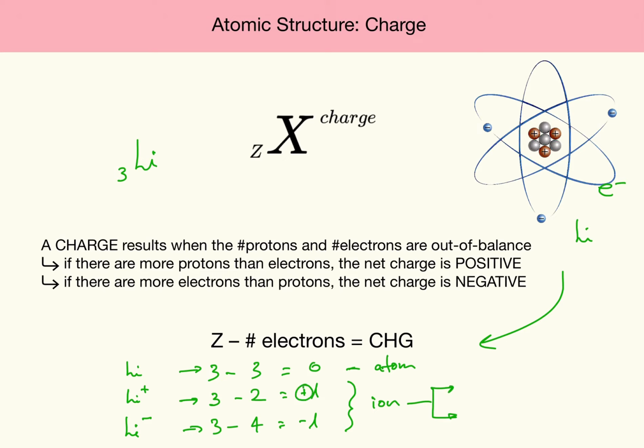A positively charged ion is called a cation, and a negatively charged ion is called an anion. So what we really have in this case is a lithium atom, a lithium cation, and a lithium anion.